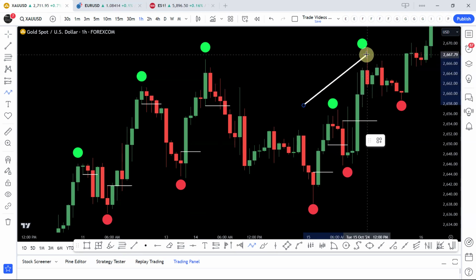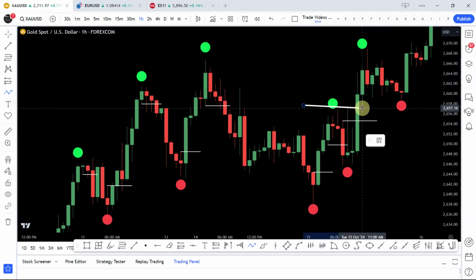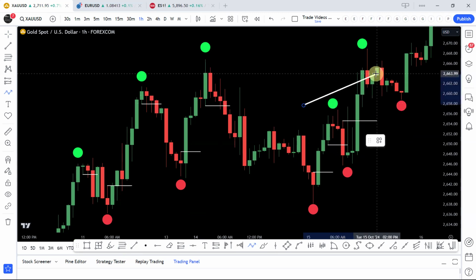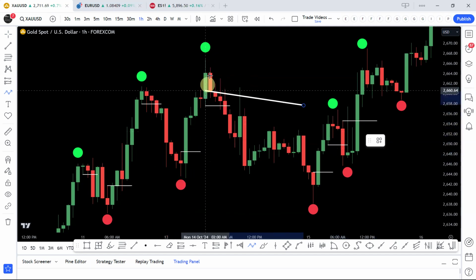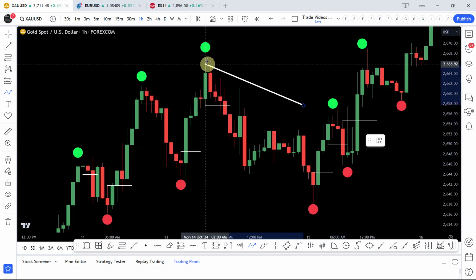So will I count this as my last green candle, or this as my last green candle? This is a dynamic example where we can basically call it a type 2 of the valid highs and lows. If we are dealing with the last green candle that is within the previous high, that is also saying, okay, this is the highest point which the price made, and that is the green candle as well.